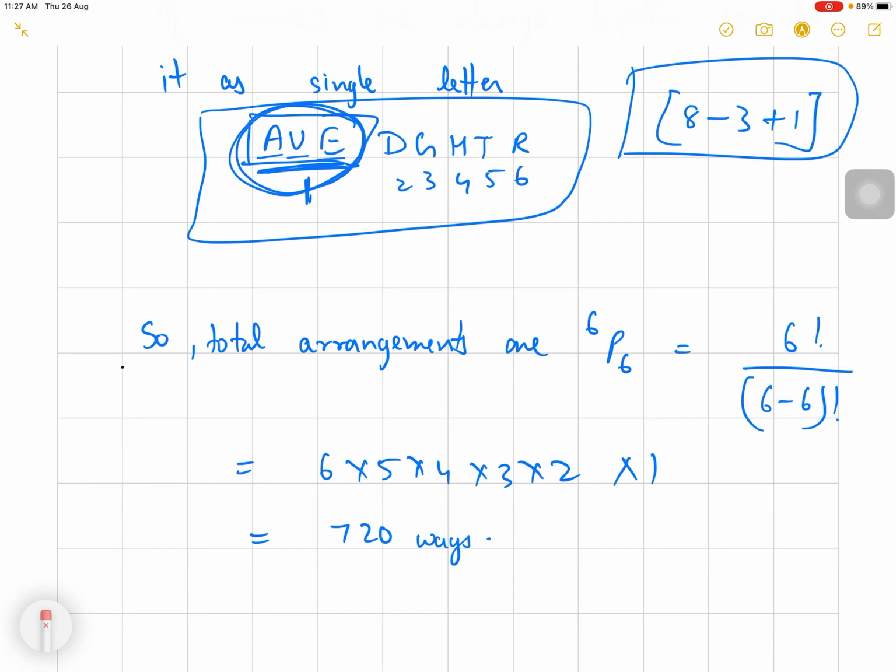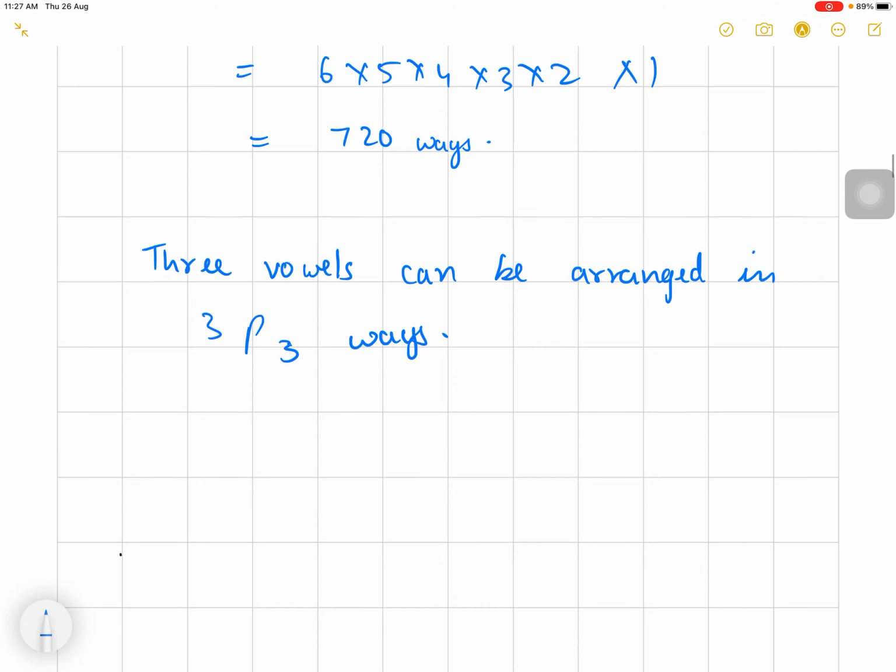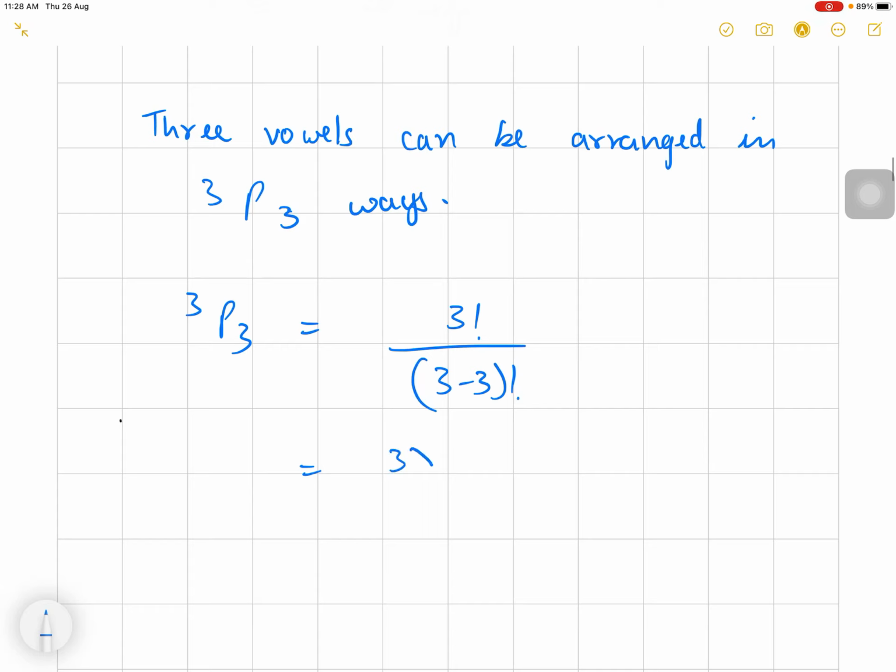So again I'll write like this: 3 vowels can be arranged in 3P3 ways. So 3P3 is equal to 3 factorial divided by (3 minus 3) factorial, which is 3 into 2, 6 ways.